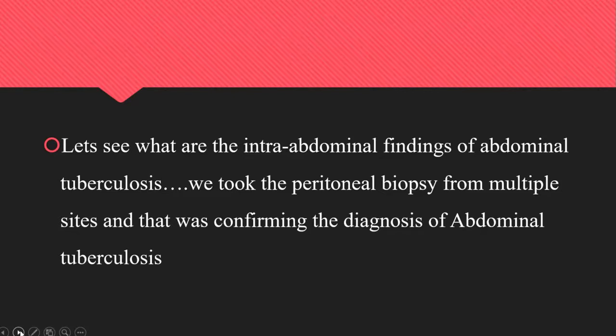The lesions were present in this patient. So let's see what happens in the operative part.